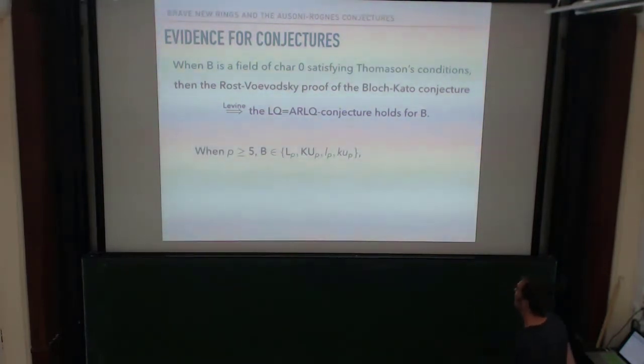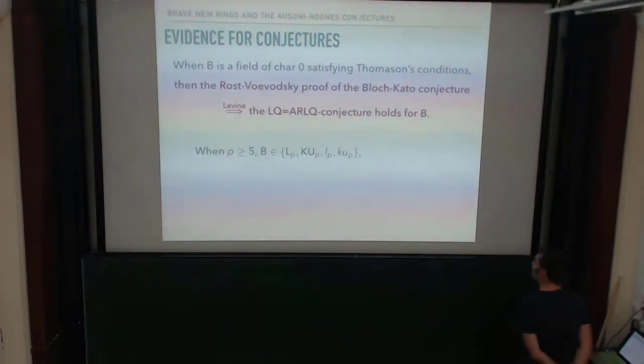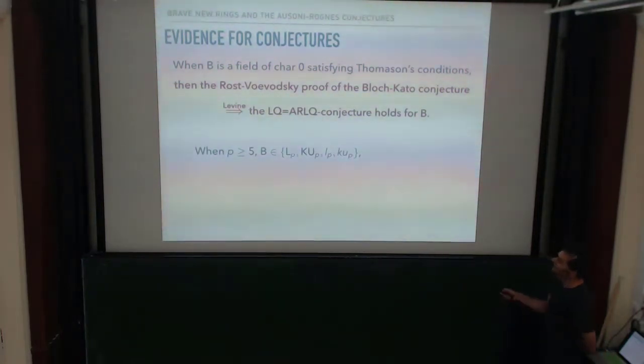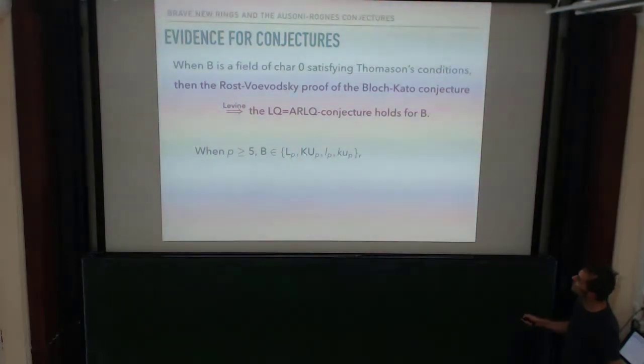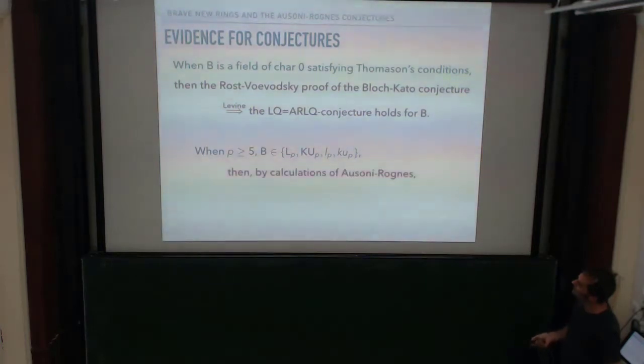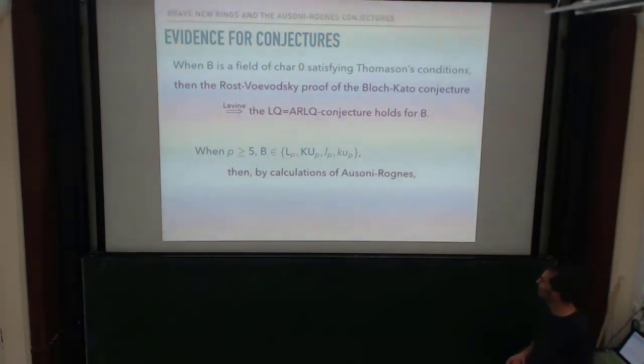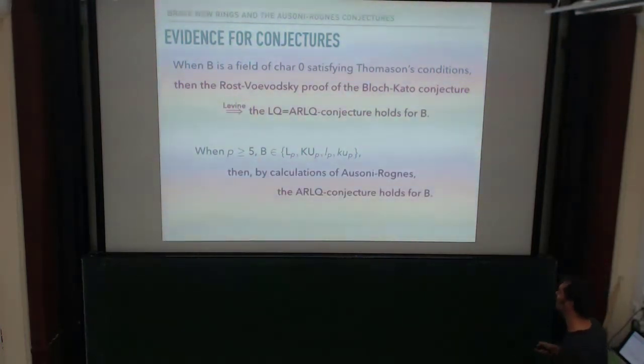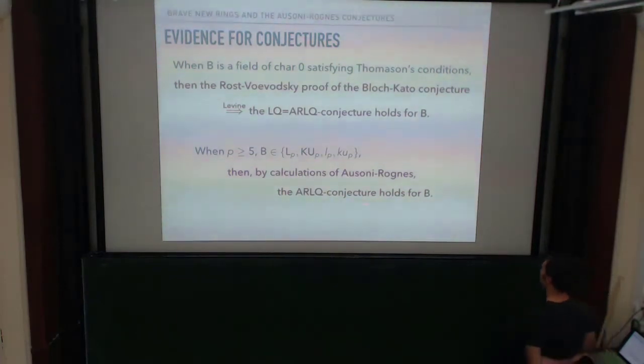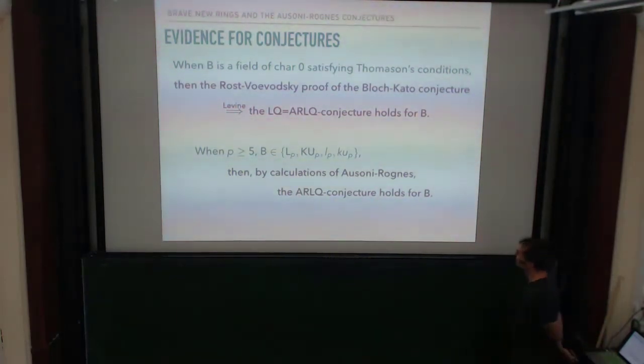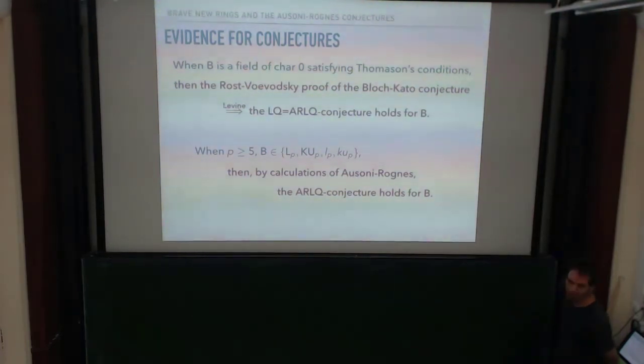And they also have some calculations for primes greater or equal to 5, this set of spectra here, these Galois extensions and their connective covers. They were able to calculate both sides and show this conjecture holds, the Lichtenbaum conjecture for B. So this is very hard.